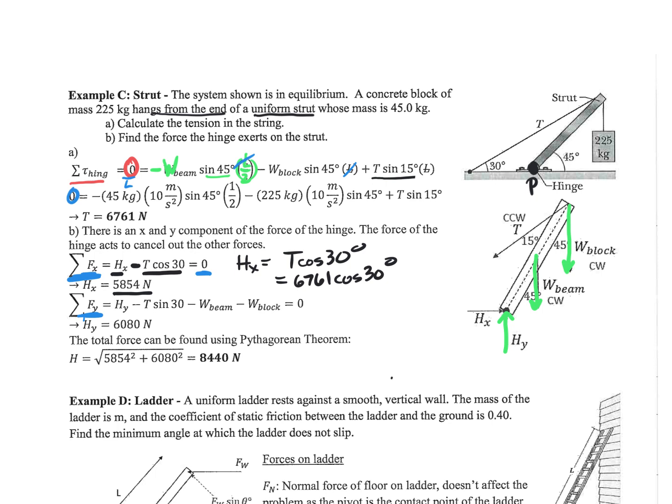So we need the downward chunk of it as well. If it was T cosine for X, it's going to be T sine for Y, isn't it? Yeah.